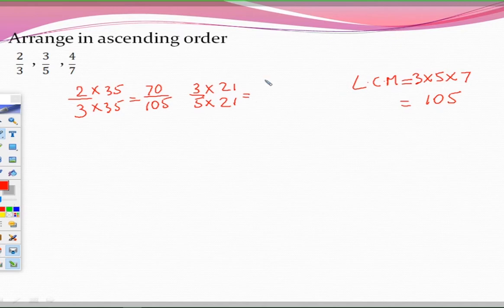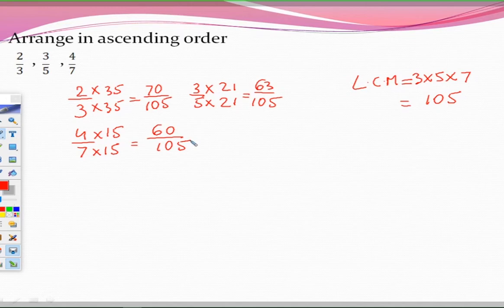This is equal to 63 by 105. Next the fraction is 4 by 7, 7 into 15, so 4 into 15. So this is 60 by 105. Now they are all changed into like fractions. You can easily compare them.